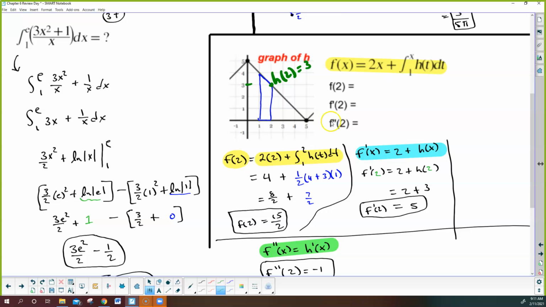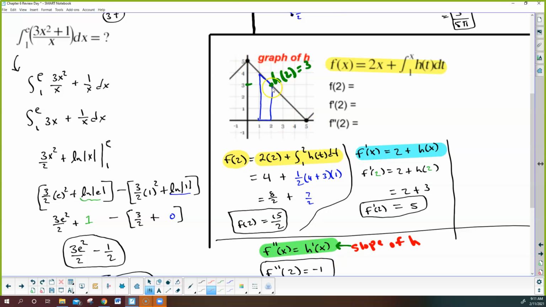Okay, and then the last one, how do we find f double prime? Well, here's the derivative of f. So I have to take the derivative of this blue piece, which is just h prime of x, because the 2 is a constant. So what does this mean? h prime of x is the slope of the graph of h.